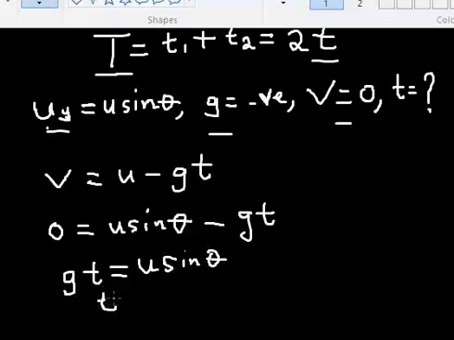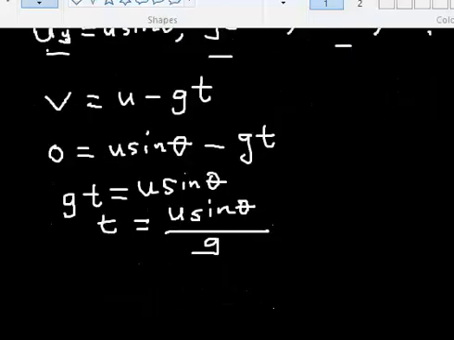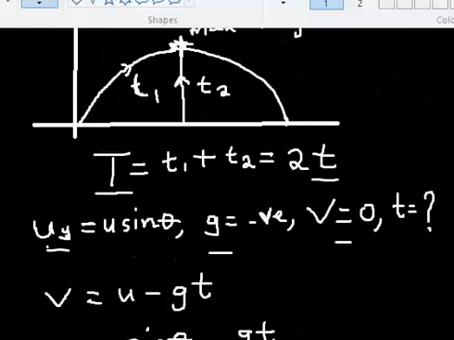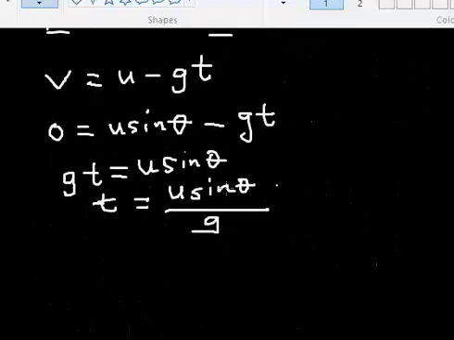So now t becomes u sine theta all over g. So that's the time. This small t is the time that it takes that projectile to reach the maximum height. So please take note of that: u sine theta divided by g.